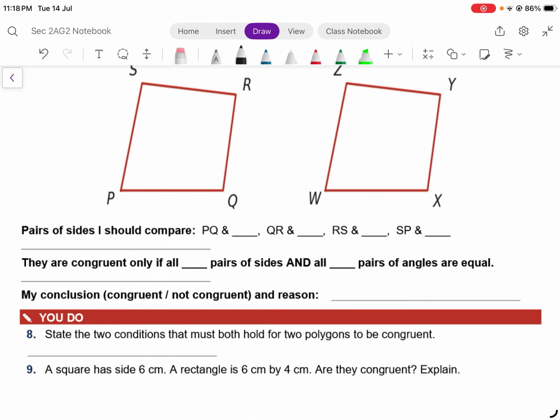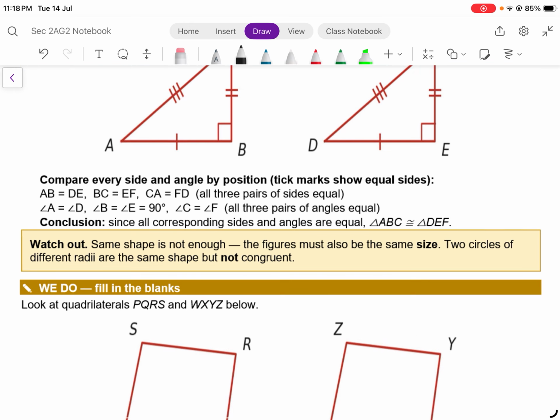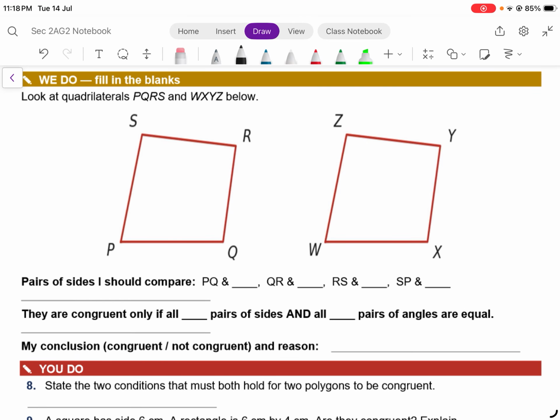So example, let's look at the we do, fill in the blanks. Okay, this one is I do, we do. Pairs of sides I should compare: PQ with WX, QR with XY, RS with YZ, SP with ZW.